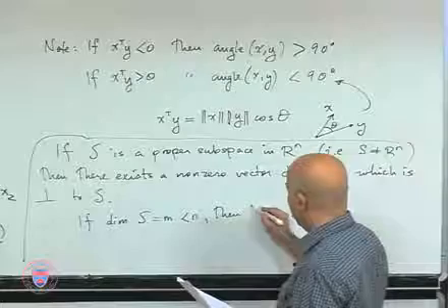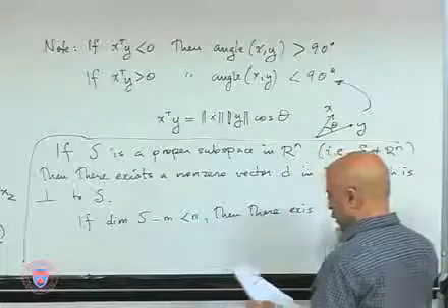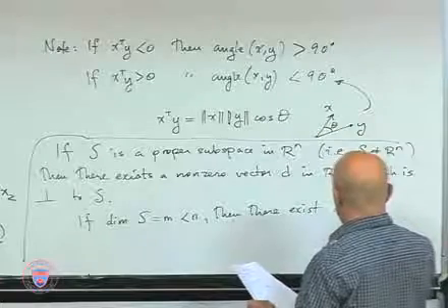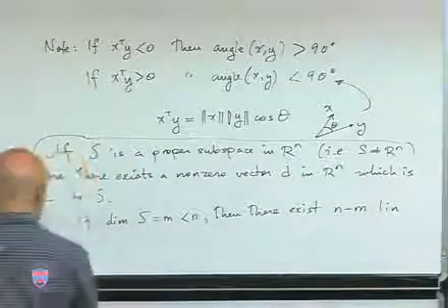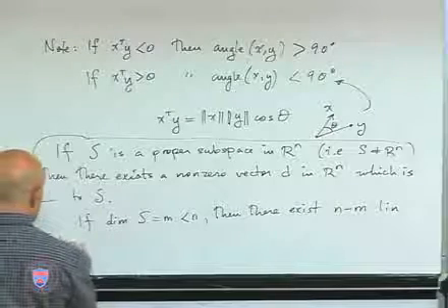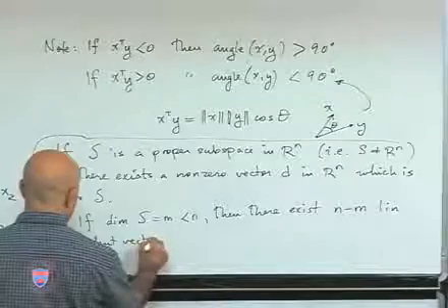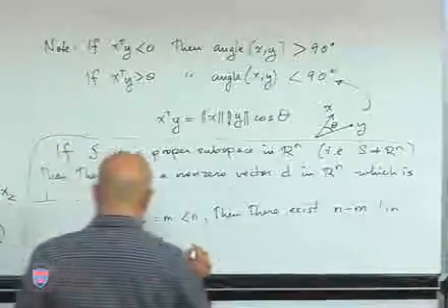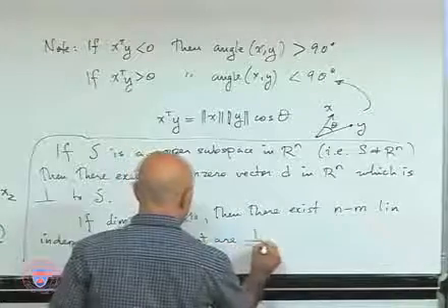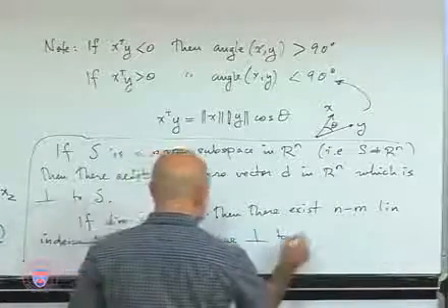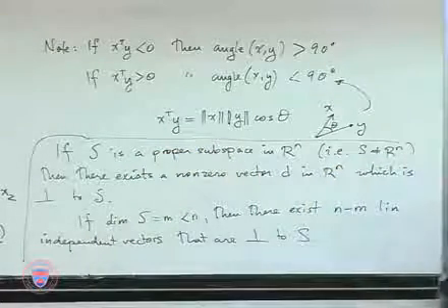Then there exist N minus M linearly independent vectors that are orthogonal to S. So let me just do an example here.